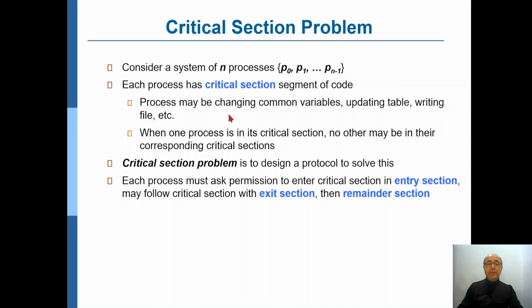So each of these processes has some critical section on some shared data. Note that P0 and P1 could be sharing a variable, let's say A, or data structure A. P1 and P2 could be sharing B. P2 and P3 could be sharing C, whatever.